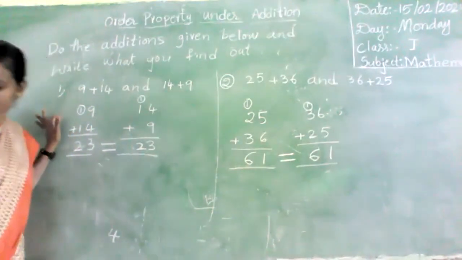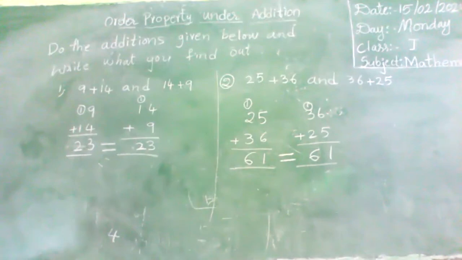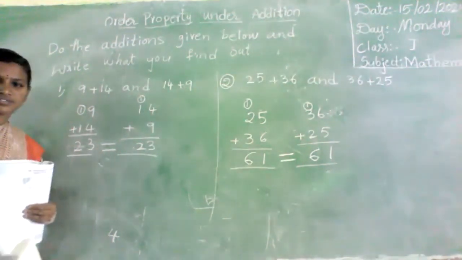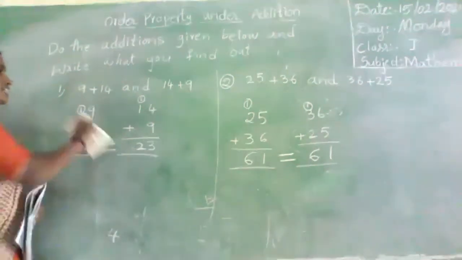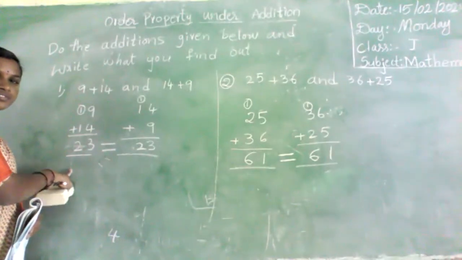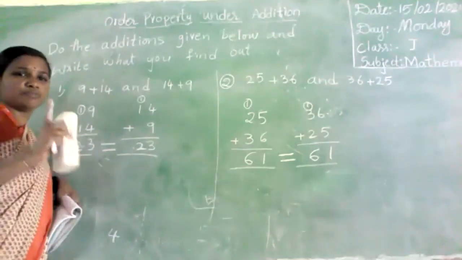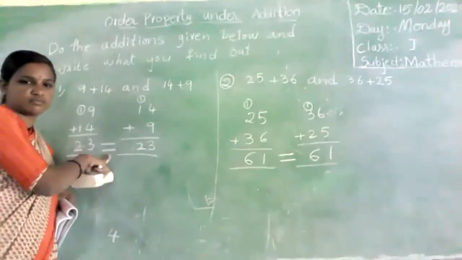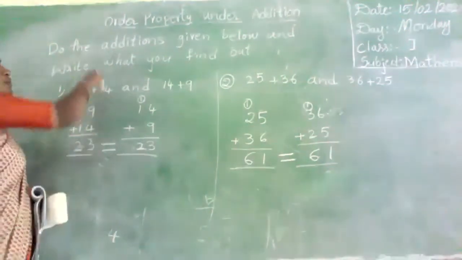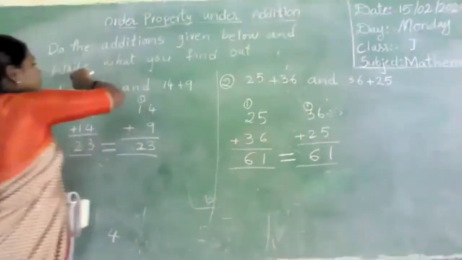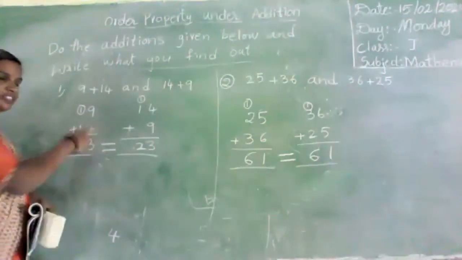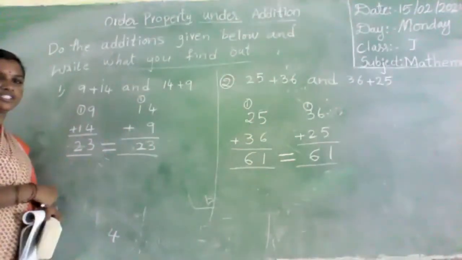Completed, students? Next, third one. Write in your textbook neatly. This one completed. Shall I rub this one? Write in your textbook neatly and you must keep equal to. That is only important. Why? Because do the additions given below and write what do you find.